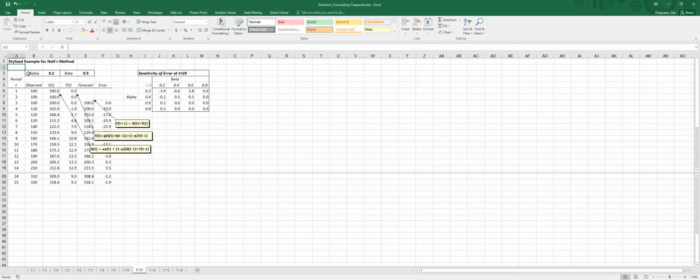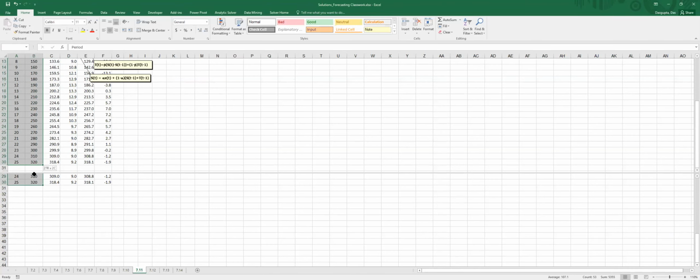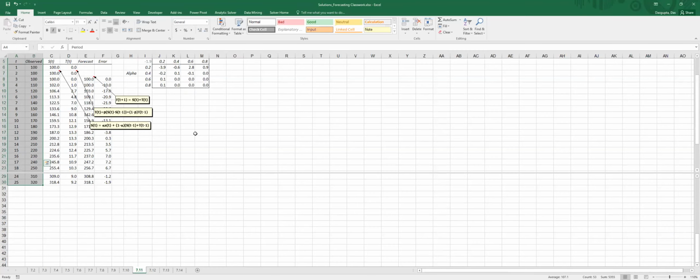So create, unless it's already there, this row which has alpha equals 0.2, beta equals 0.5 as parameters. These are the observations you should have. I think you have 30. There's a split screen, by the way, for comparison, but don't worry about that right now.